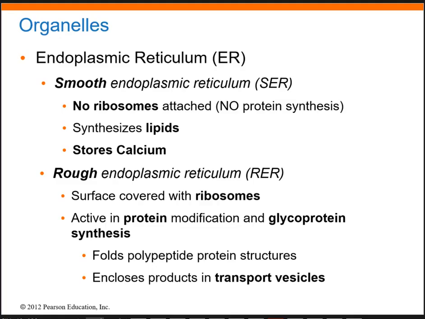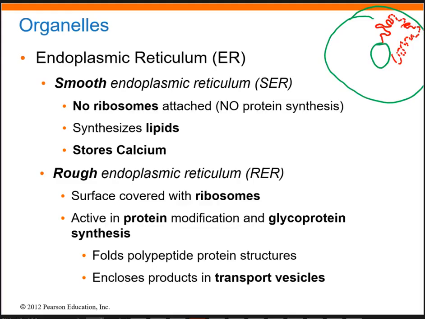Here we'll talk about that endoplasmic reticulum that I just mentioned. So the endoplasmic reticulum is this membrane enclosed structure that extends off from the nucleus. So if you look at the cell, you'll see the nucleus in the middle, and then this membrane bound structure that comes off of it like this.